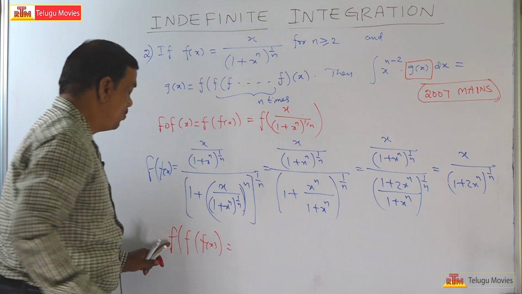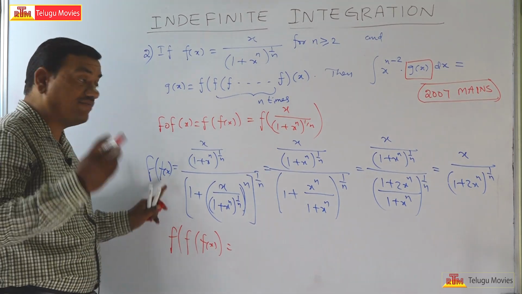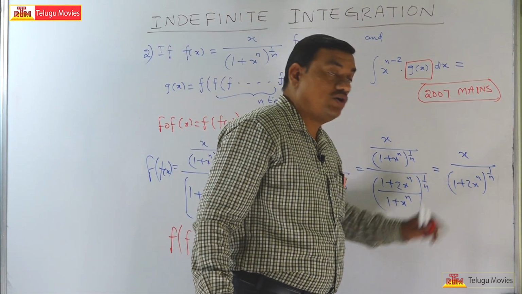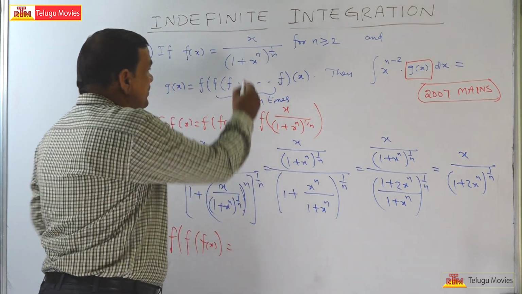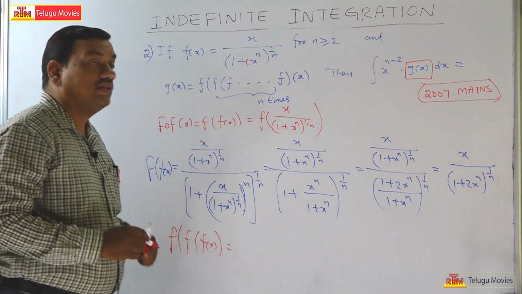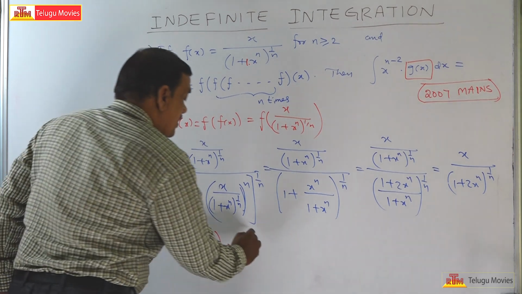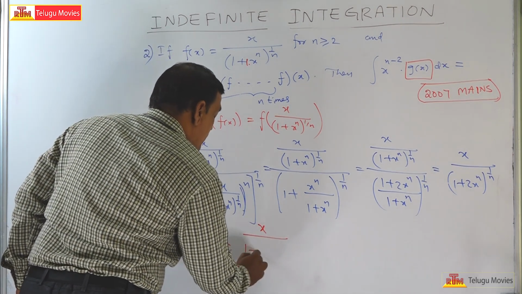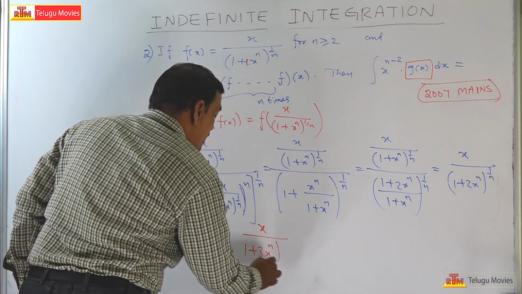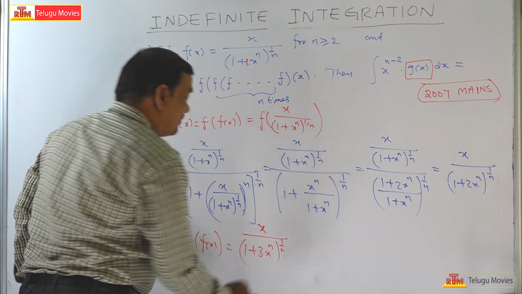With 3 f's there, here you got 3. If 2 f's are there, here you got 2. If 1 f is there, here you got 1. Then what will be your answer? x by (1 plus 3 into x power n) whole power 1 by n.